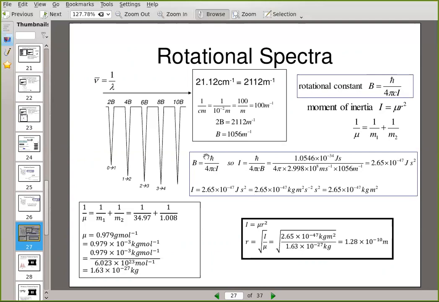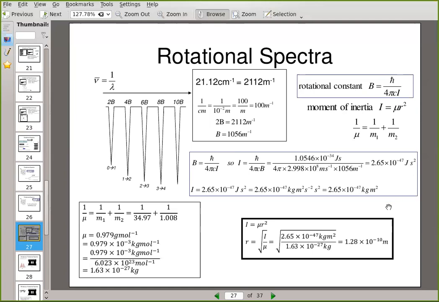If you take B as being that and rearrange it, you can put in ħ, looked up from the table of constants, 4π, and the speed of light from the table of constants, and I'll be in here. I calculate I, the moment of inertia, to be 2.65 times 10 to the minus 47 joule second squared.